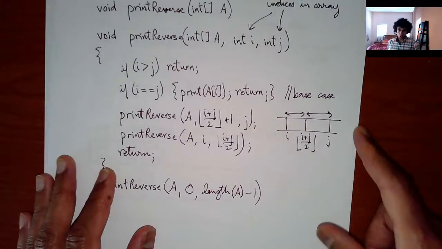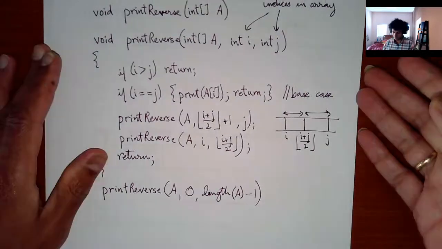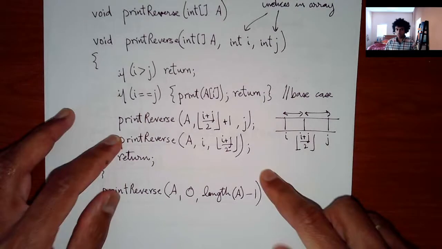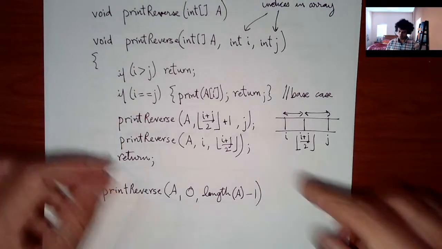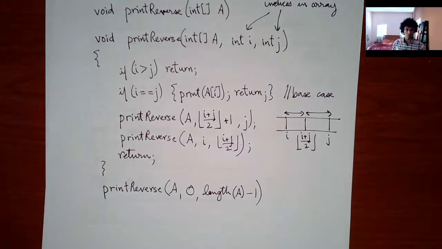In some recursive situations, you need to make many recursive calls, and you will see examples like that in questions that I'm going to give you. It depends on how you're conceiving of this algorithm. One way to think about reversing a large array is to break it into the first half and the second half, reverse the second half, then reverse the first half.